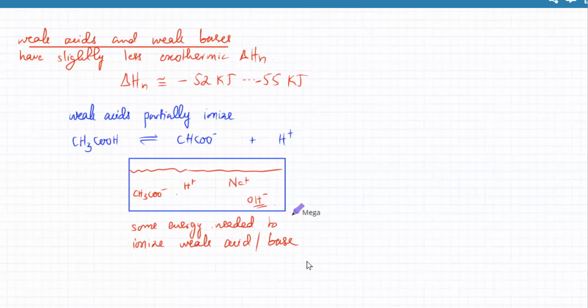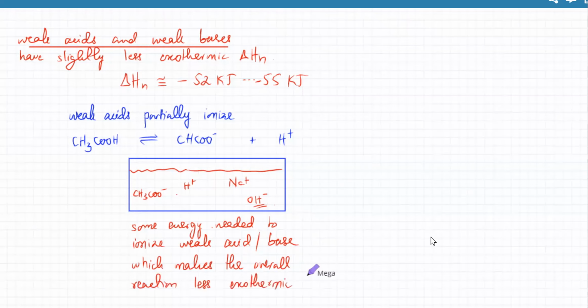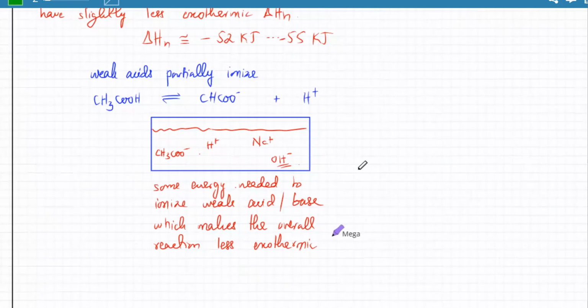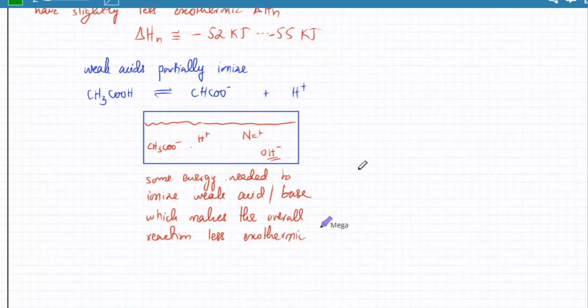So some energy is needed to ionize weak acids and bases, which makes the overall reaction less exothermic. It makes it less exothermic. Okay?